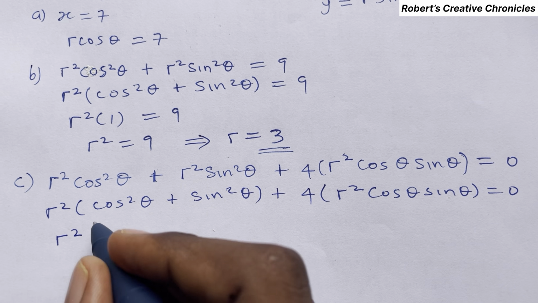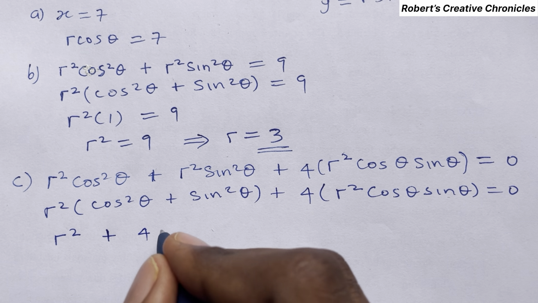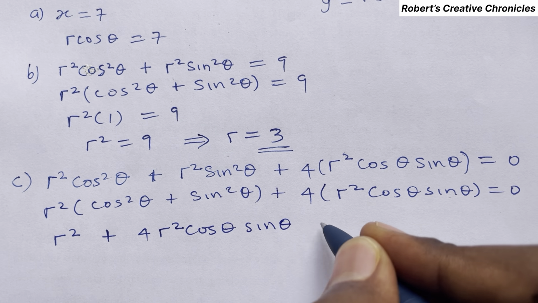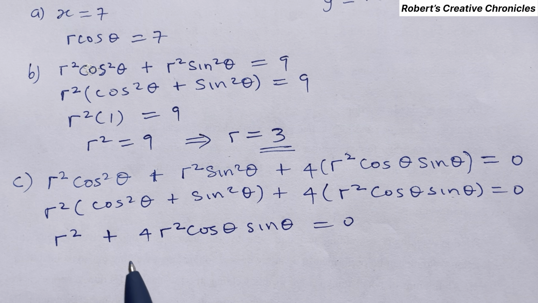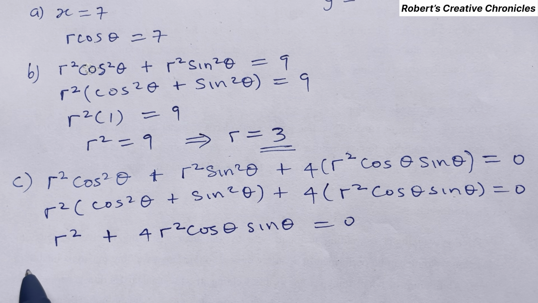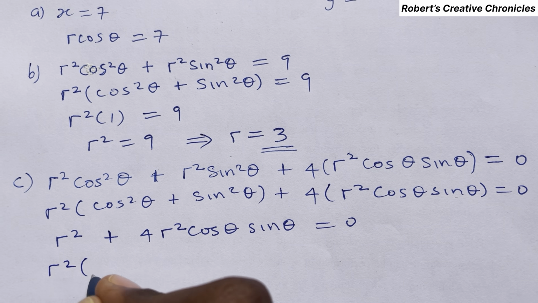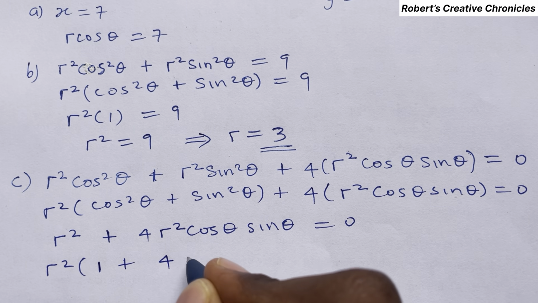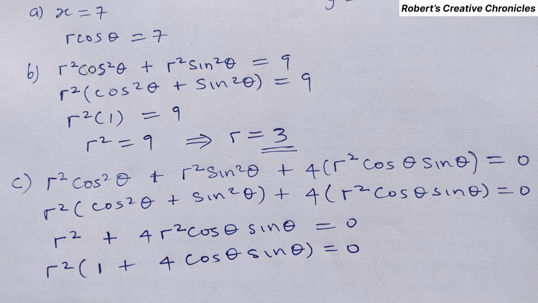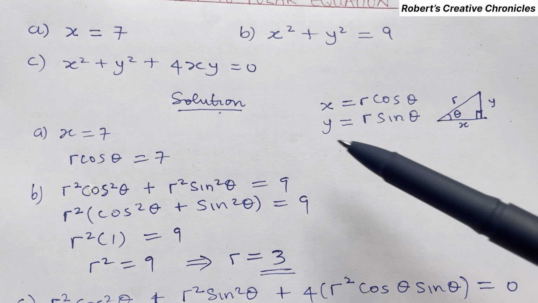So this becomes r squared times 1, which is r squared, plus 4 r squared cos theta sine theta is equal to 0. So now we'll factorize the left hand side of this equation. The common term here is r squared, so it will become r squared times 1 plus 4 cos theta sine theta is equal to 0. So now these are the polar equations of the given Cartesian equations.